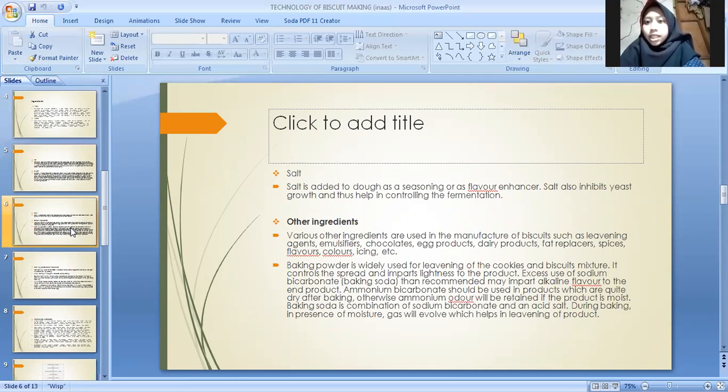Other ingredients. Various other ingredients are used in the manufacture of biscuits, such as leavening agent, emulsifier, chocolate, egg products, dairy products, fat replacer, spice, flavors, colors, icing, and added baking powder.